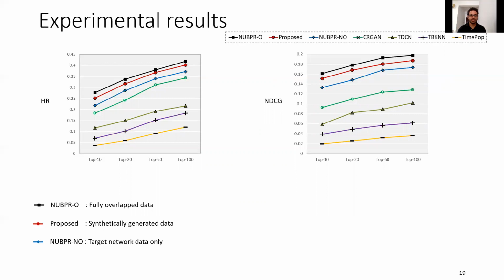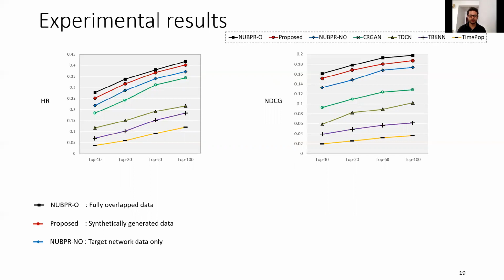We tested the recommendation accuracy against multiple baselines, but for the most effective comparisons, we can look at the top 3 of these results. The blue line considers all the users to be non-overlapped and uses only the available target network information. And the red line indicates our approach.